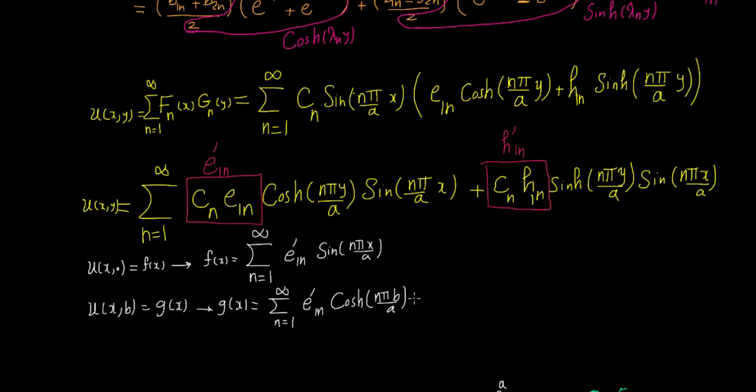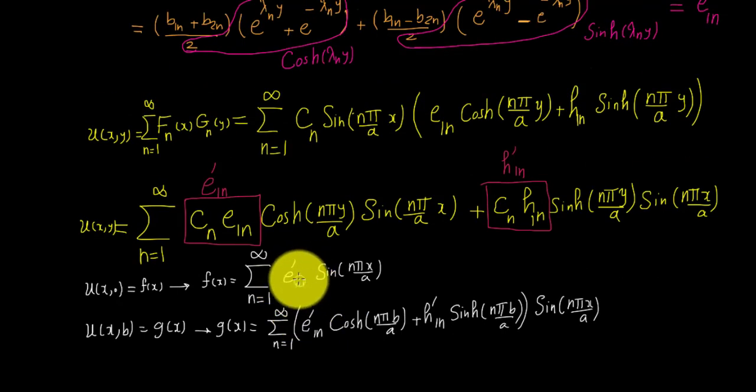And for the second term, h prime 1n times sine hyperbolic of n pi b over a, and both terms have sine, so I will write all of these in parentheses, times sine of n pi x over a.